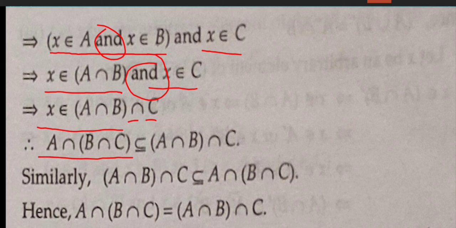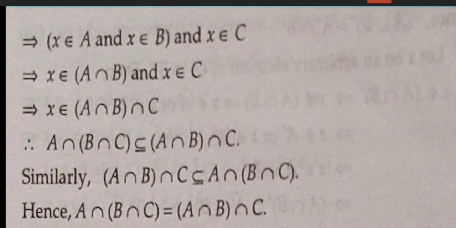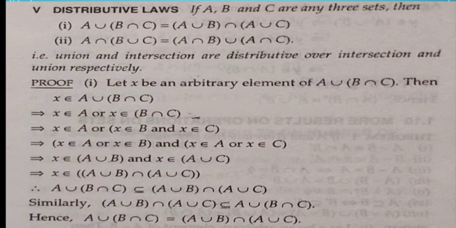Therefore A intersection of B intersection C is a subset of A intersection B intersection C. Similarly, A intersection B intersection C is a subset of A intersection of B intersection C. Got it? Hence finally A intersection of B intersection C is equal to A intersection B intersection C, right?